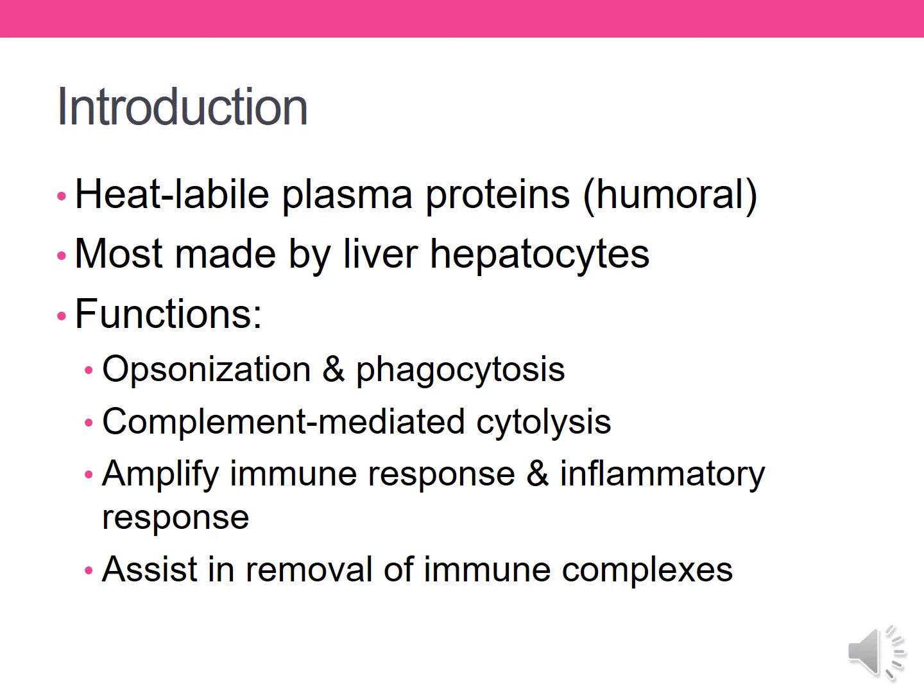These immune complexes mean antibodies attached to a certain cell or a virus or what have you. When we talk about immune complexes, we're talking about something that an antibody is attached to.